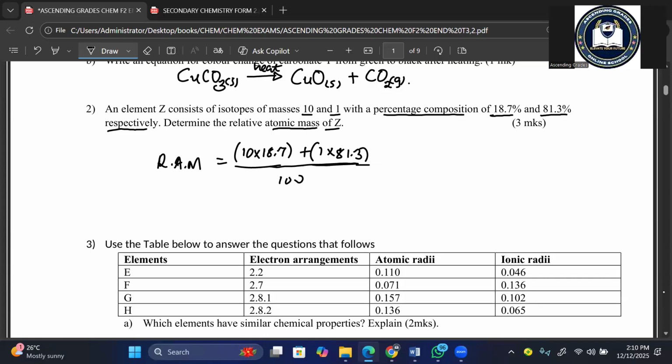From this side, we'll be getting 187 plus 891.3 divided by 100. After the summing up, you get 1078.3 divided by 100. So now this becomes 10.78.